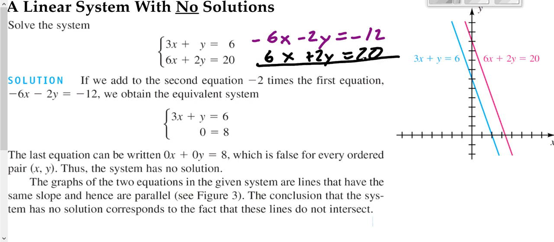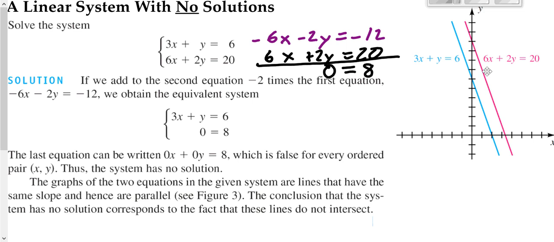Then if you add these together, everything on the left drops out, but on the right, not everything drops out, and we get 8. So here we're left with no variables, and we know that 0 does not equal 8, so this is a false statement. So if everything drops out and you get a false statement, then they end up being parallel lines.